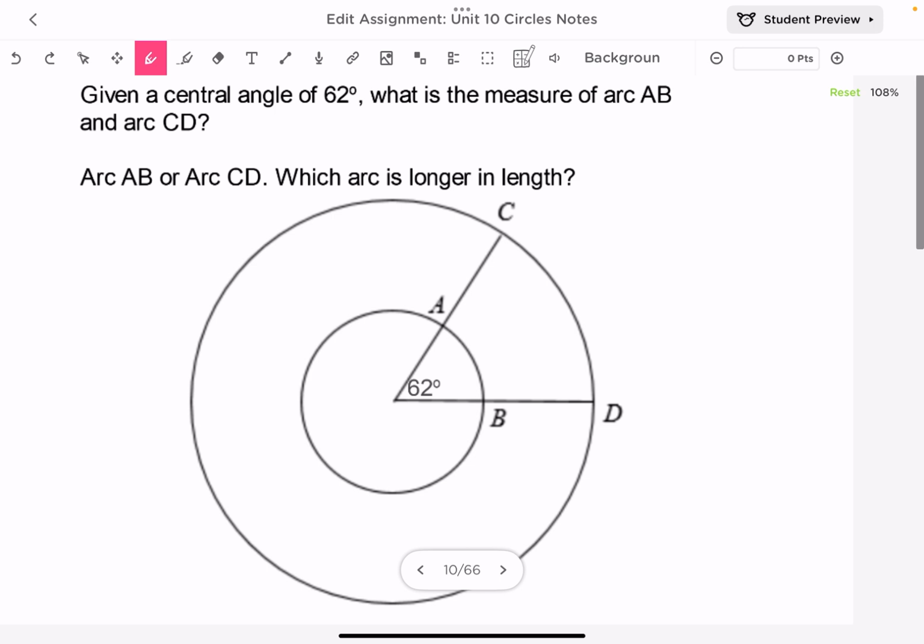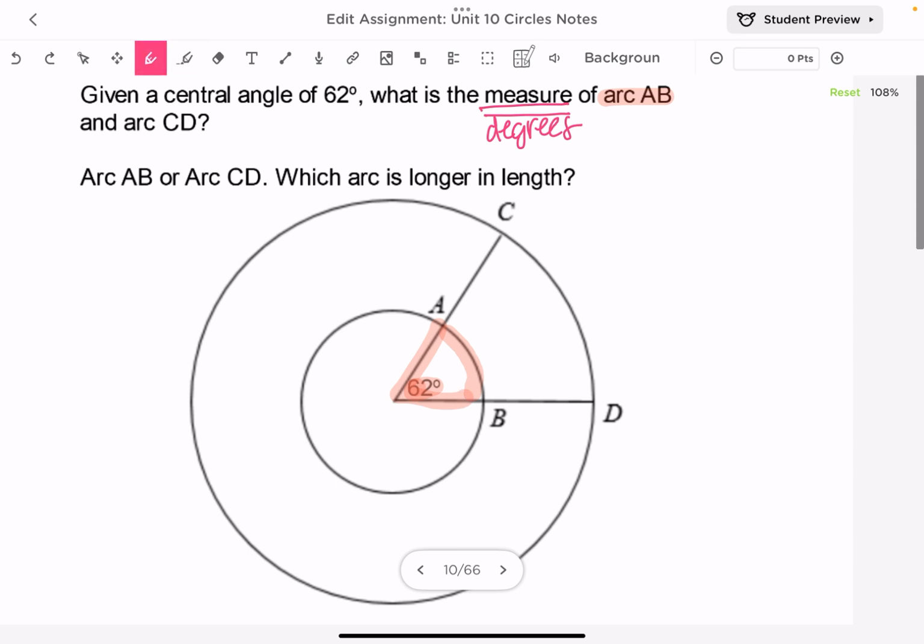So we have these concentric circles here. It says, given a central angle of 62 degrees, what is the measure of arc AB and of arc CD? All right, so here I'm looking for the measure. This is going to be in degrees. If I look at arc AB right now, that's a central angle that's opening up to that arc.